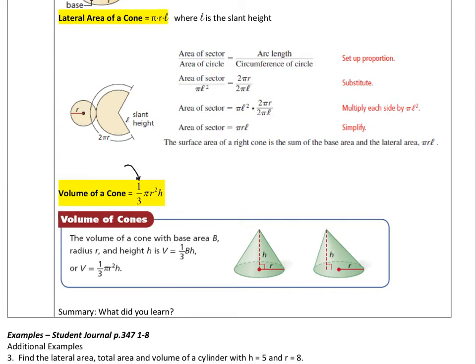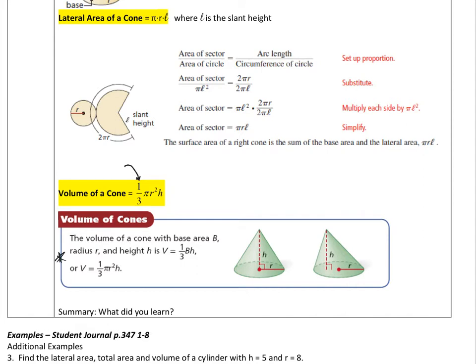So 1/3 pi r squared h. And again, this is for a right circular cone. Those are the only ones we're going to talk about. So only two formulas today: the lateral area of a cone, pi RL, and the volume of a cone.